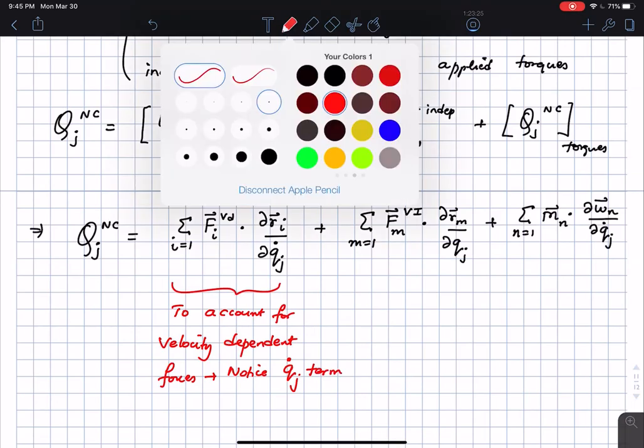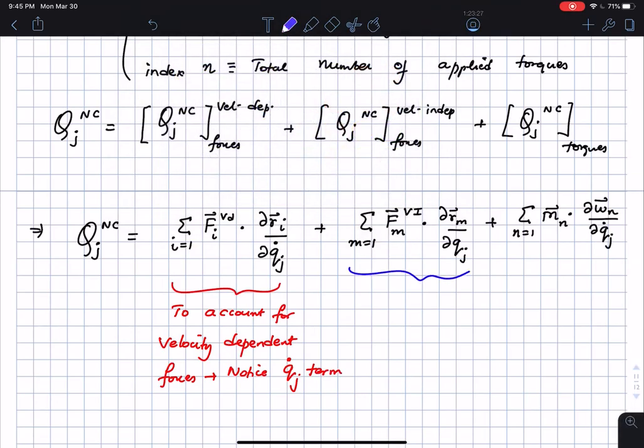Then this is to account for velocity independent forces, and notice qj without the dot.